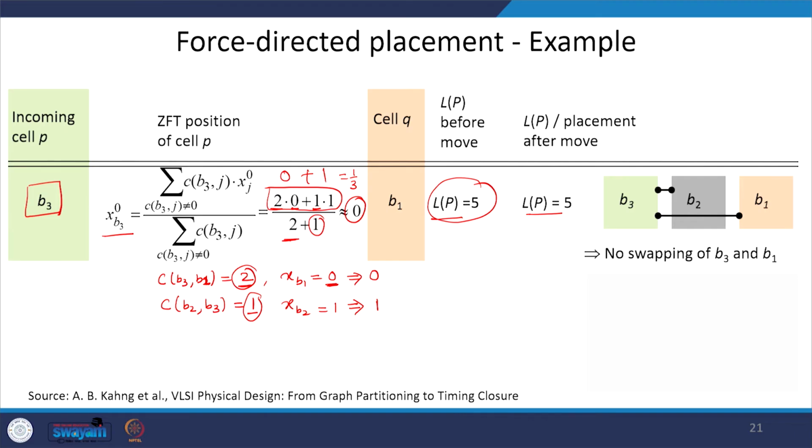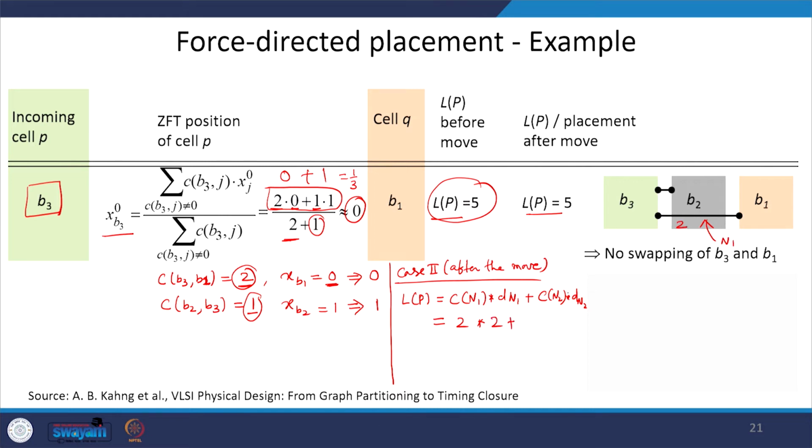What is my L of P after the move, in case 2? This L of P is C of N1 multiplied by D of N1, plus C of N2 multiplied by D of N2. C of N1 is 2, and for the N1 net the distance is 2.